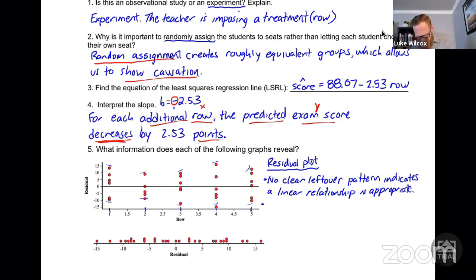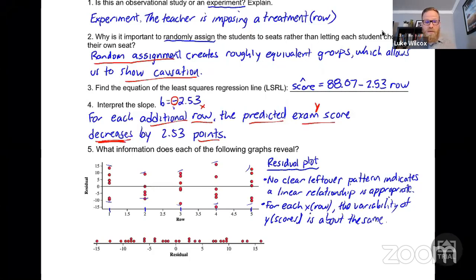So I'm going to say here, for each x value, which is for each row, the variability of the y variable, which is the scores, is about the same. So those are the two important things that we get from that first residual plot.